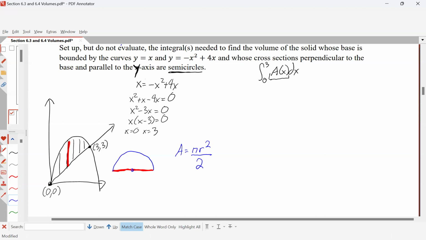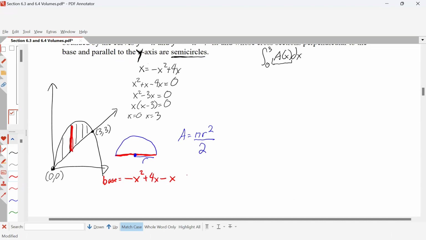Finding what r is, we know that this full base is the distance between our parabola and our line. So that full base is negative x squared plus 4x minus x, or negative x squared plus 3x.